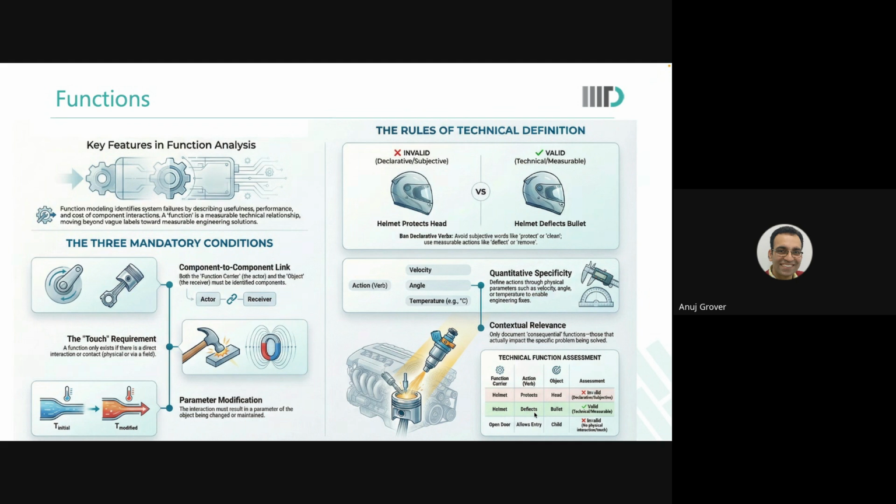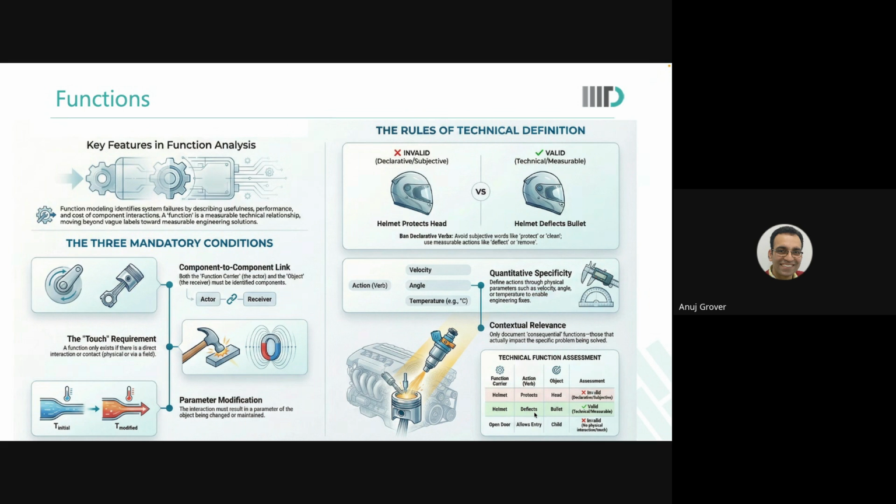So "helmet protects head" is not a valid function because protect is a declarative statement. But "helmet deflects the bullet" is a function. This is something that you can measure. And again, with action verbs, you can say what angle is changed, velocity is changed, temperature is changed, or maintained, things like that.